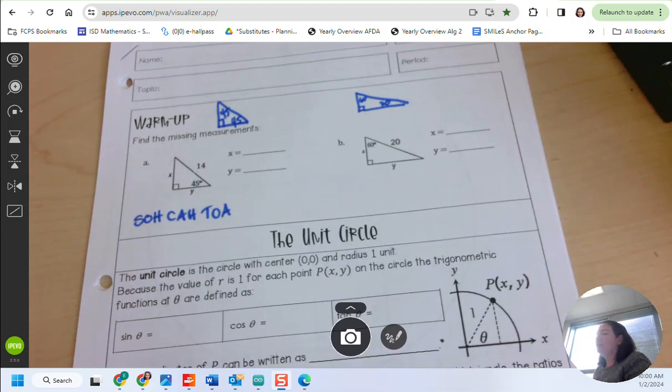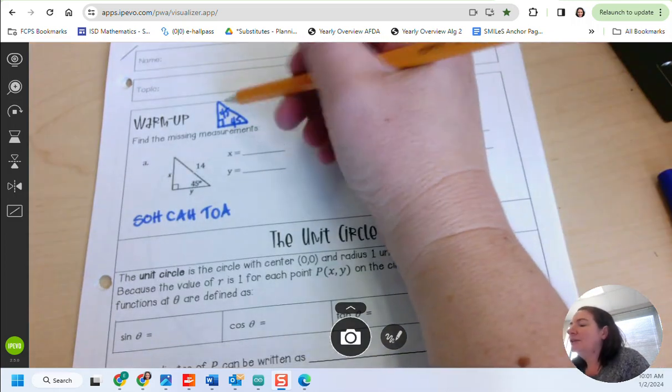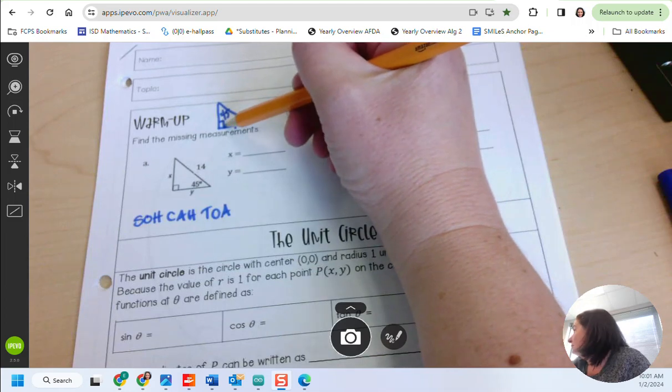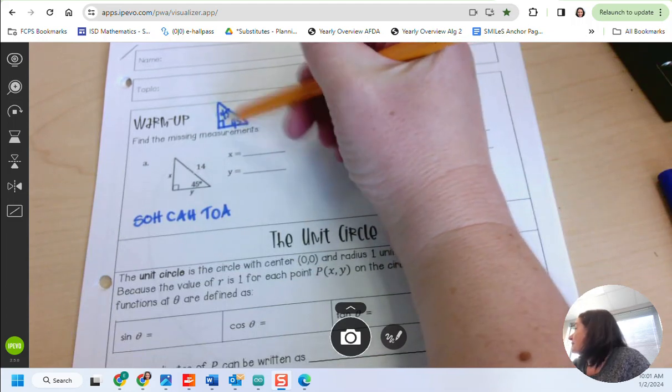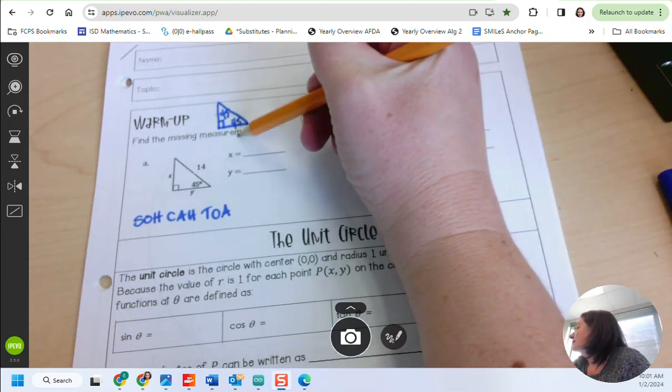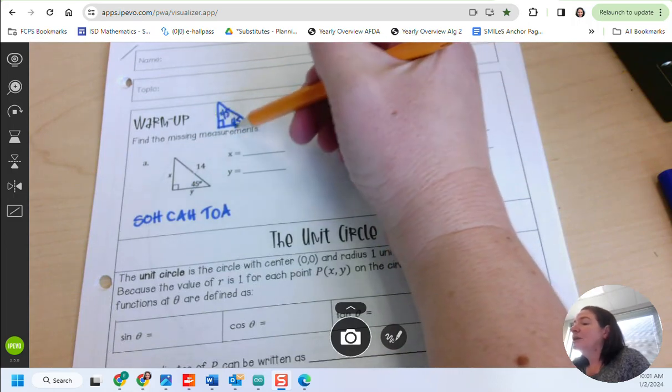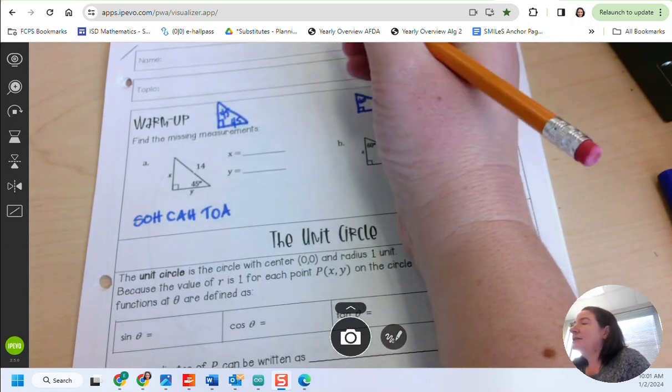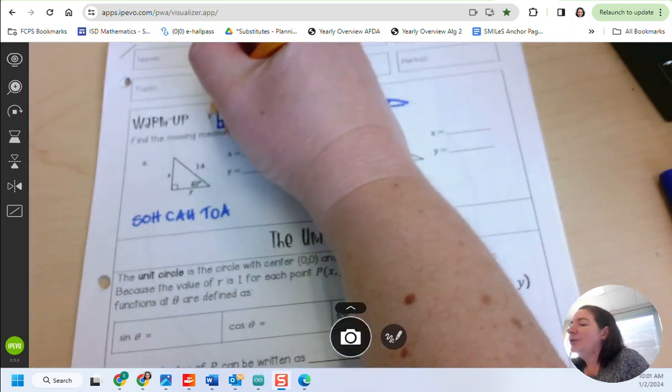However, the whole unit circle is built off the special right triangle. So if you used SOHCAHTOA, I want you to pay close attention to how to use the special right triangles so you can see. So we know that in the 45, 45, 90 triangle, what's true about these two sides? They're equal, yeah, they're the same. So these two are the same, and in geometry class, we called them both 1.